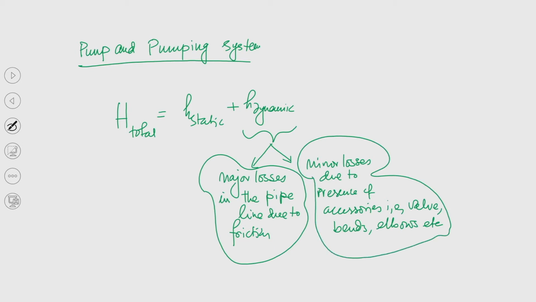So, whatever may be the case, the static suction height plus dynamic head, so basically this is H static plus K into Q square. In fact, if we try to recall, this expression comes from the flow losses in the piping system.